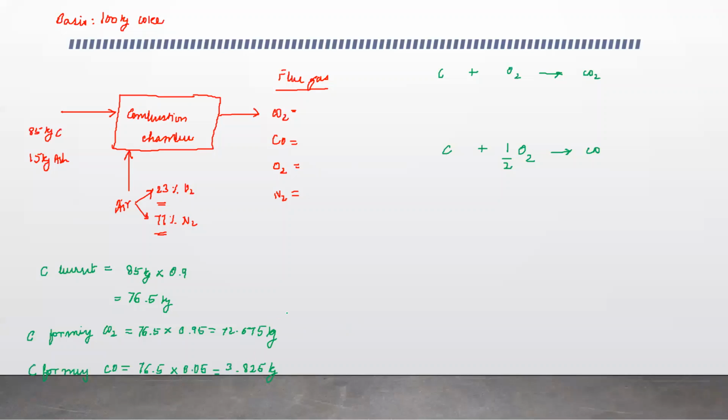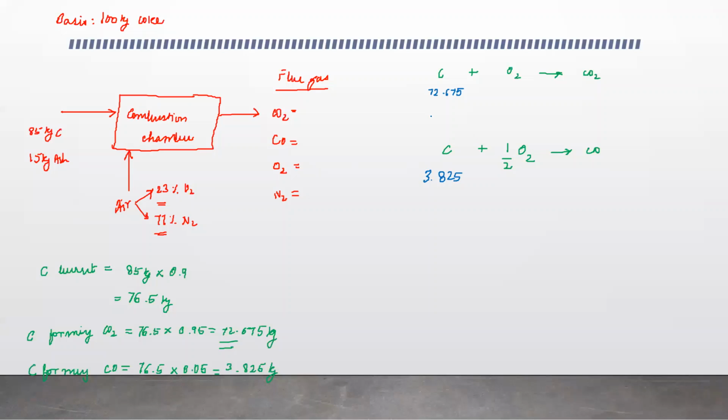It's both ways, that's correct. So in the first reaction, the carbon dioxide reaction, we are going to have 72.675 kg of carbon. And in the second reaction, we are going to have 3.825 kg of carbon for forming carbon monoxide.